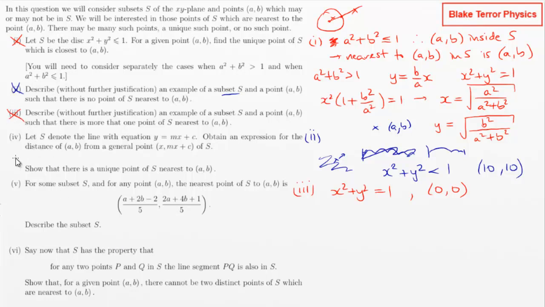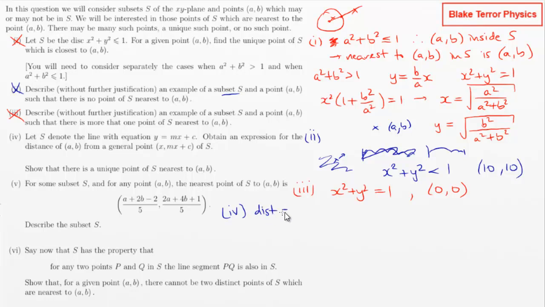That was good. Right, now part 4, let S denote the line with equation y equals mx plus c. Obtain an expression for the distance of AB from a general point of S. Then show that there's a unique point of S nearest to AB. Right, they just want us to do distance between 2 points, which is strangely straightforward.